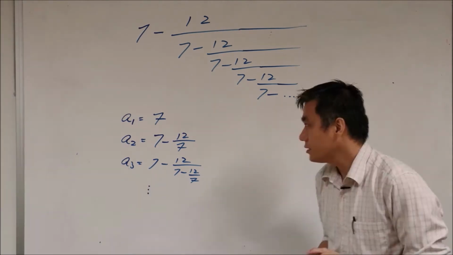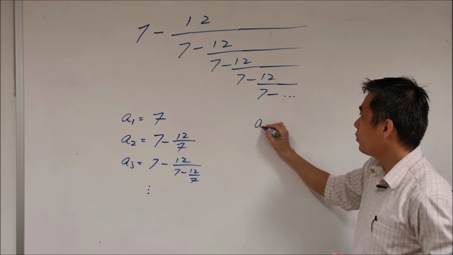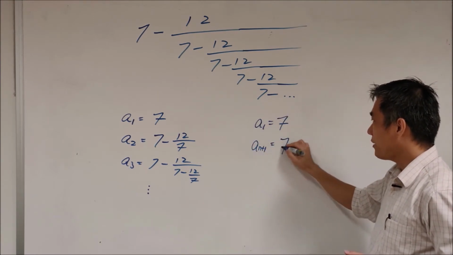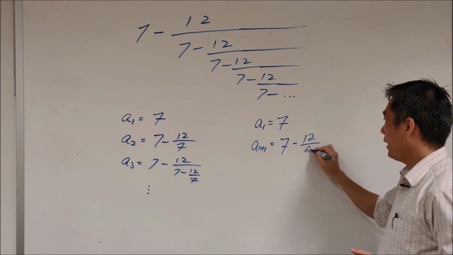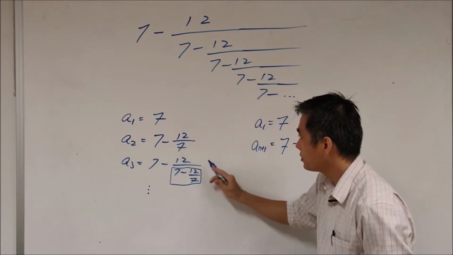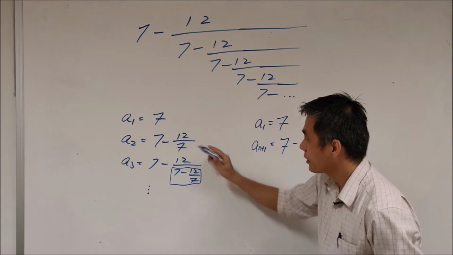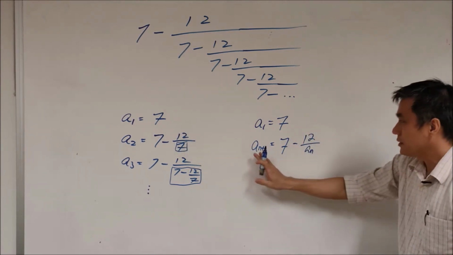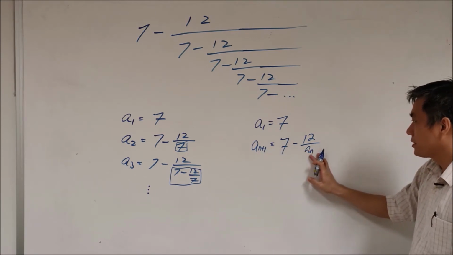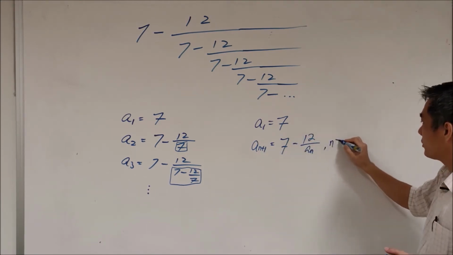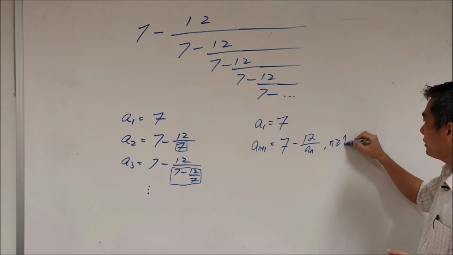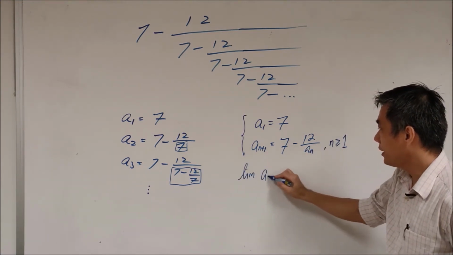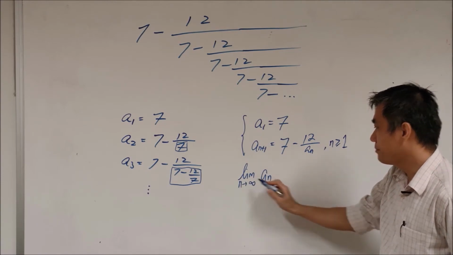In short, we'll define A1 to be equal to 7, and An plus 1 to be equal to 7 minus 12 over An, where n is greater than or equal to 1. This expression is actually the limit of An when n is big enough.